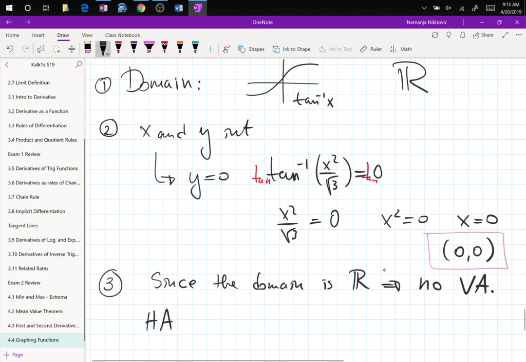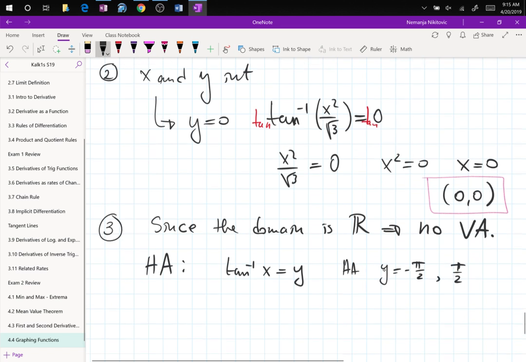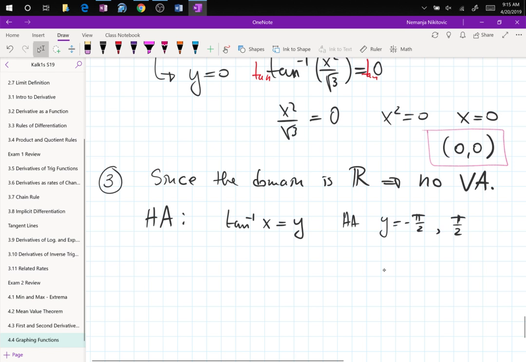So if you have tangent inverse of x equals y, the horizontal asymptotes were at y equals negative pi over 2 and y equals pi over 2. Those were the two asymptotes before.